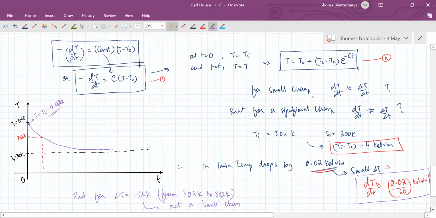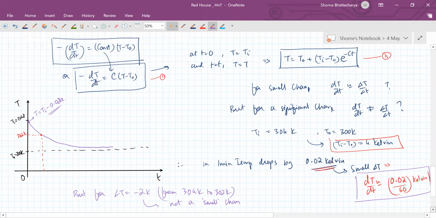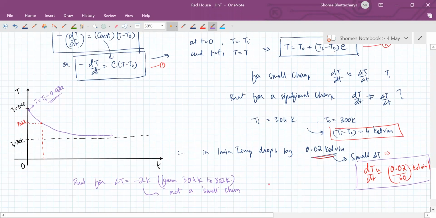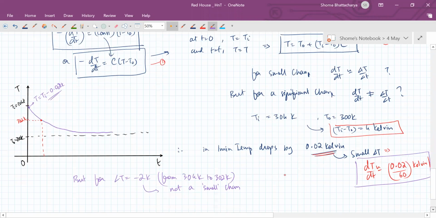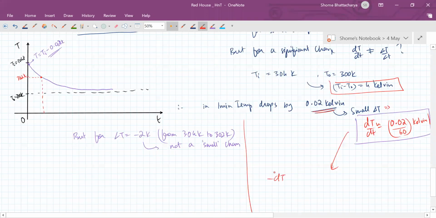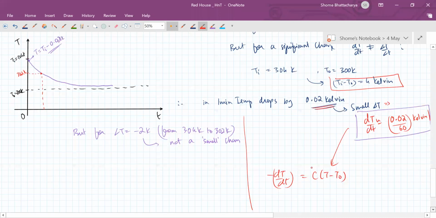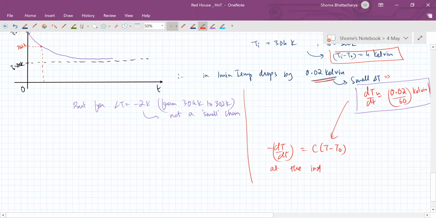Okay. So now coming back to this, from this data, we can actually find out the value of C. So if we apply this at the instant t equal to 0, when T is the initial temperature equal to 304 Kelvin, and the rate at which the temperature is dropping is 0.02 Kelvin per minute.